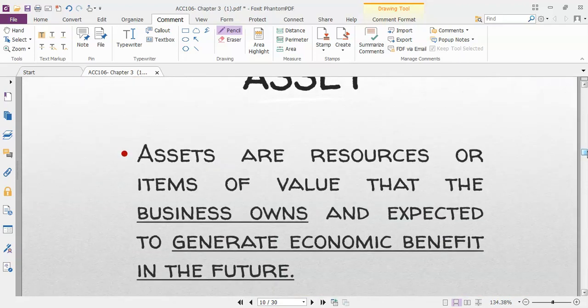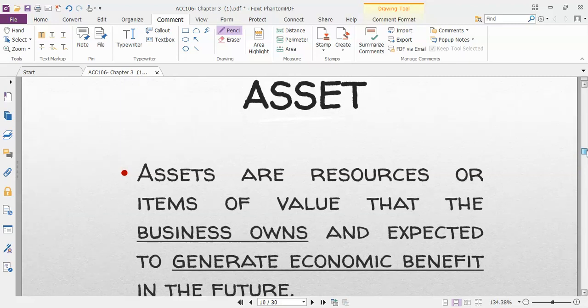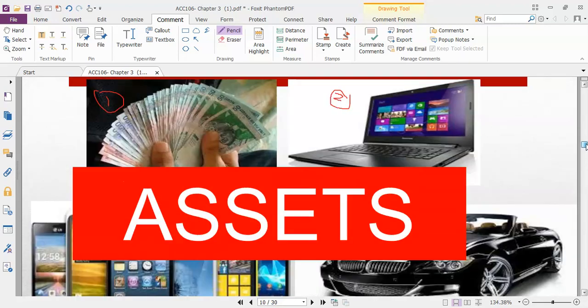Itu maksud asset. Asset ni kita sumber kita lah. Right? Sama ada dia dekat dalam bentuk keuangan, that is cash ataupun duit dalam bank. Okay. The cash inside the bank account and also items. Sebab itulah yang ada gambar kat atas tu.